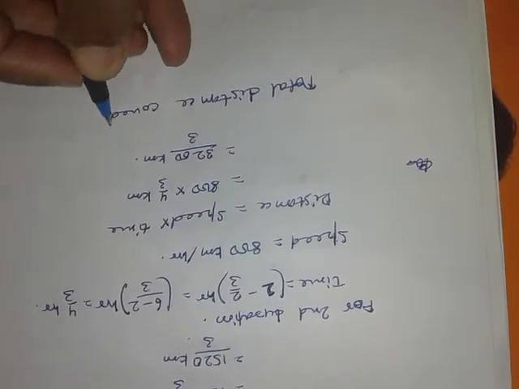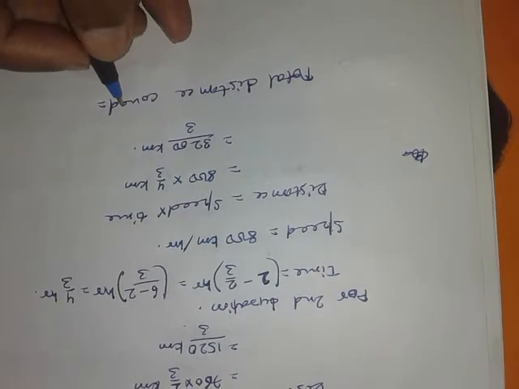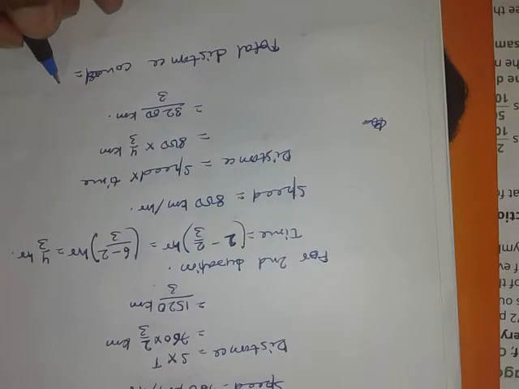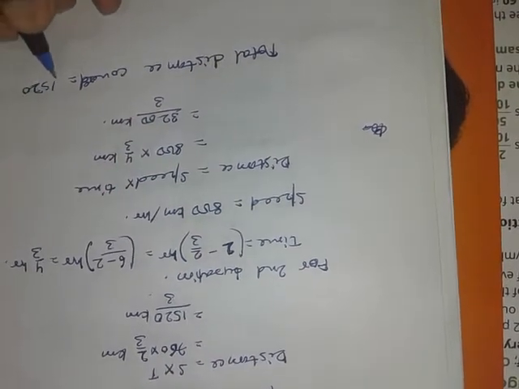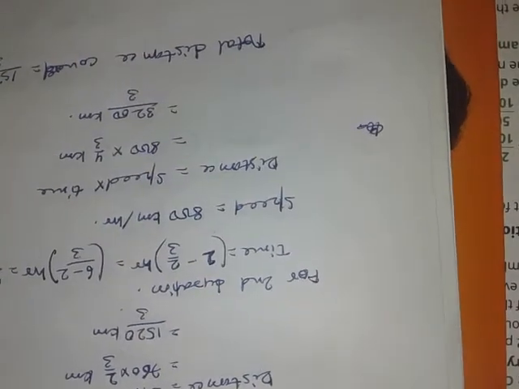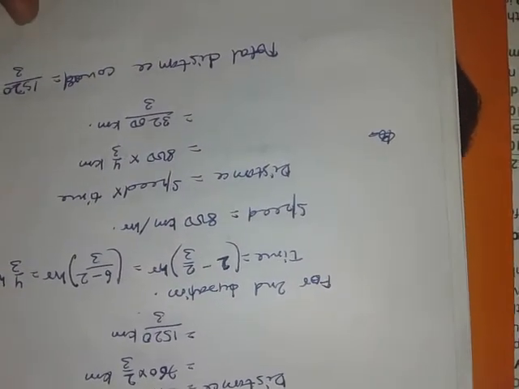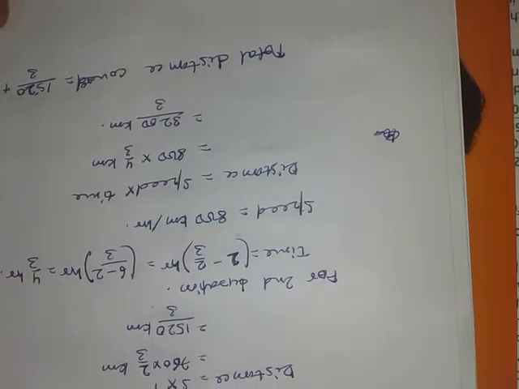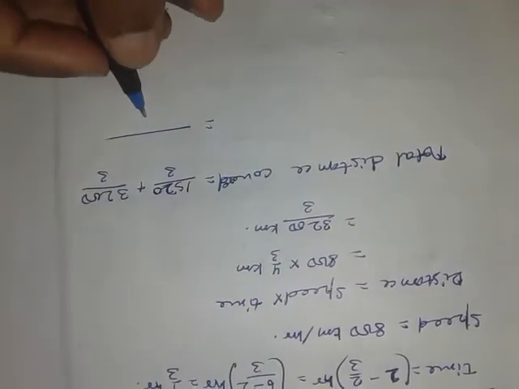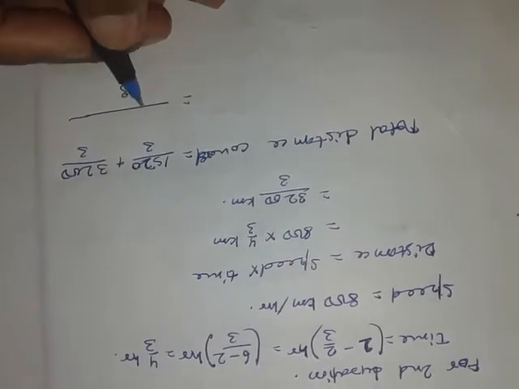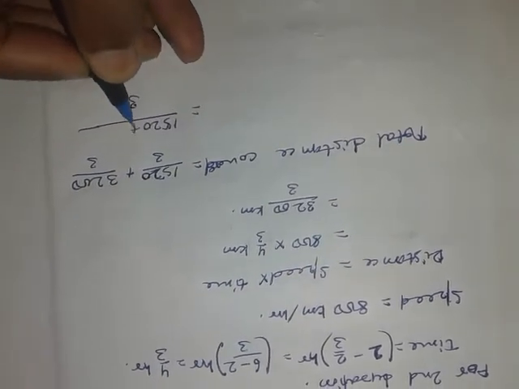Now total distance covered, that is 1520 by 3 plus 3200 by 3. So here is the same denominator, so we write as it is, and now we have to add both of them.